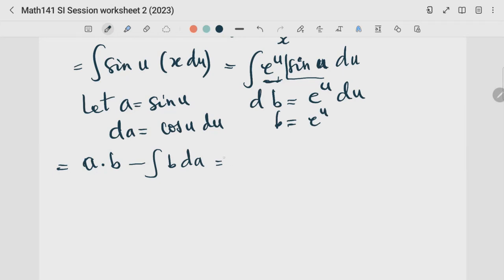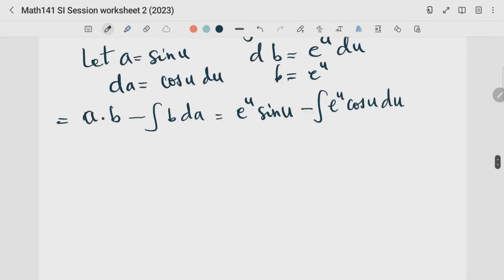So that means that our a times b will just be e to the u times sine of u, minus the integral of e to the u, that is b, multiplied by da, which is cos of u du. So now we have to evaluate this integral separately. So let's evaluate e to the u cos u du.